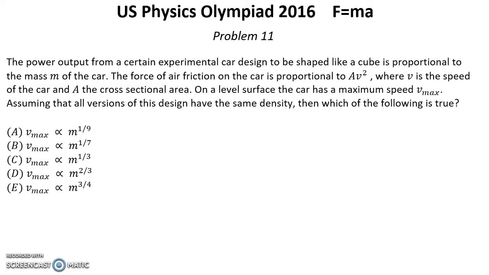The force of air friction on the car is proportional to AV squared, where V is the speed of the car and A the cross-sectional area. On a level surface, the car has the maximum speed V maximum. Assuming that all versions of this design have the same density, then which of the following is true?